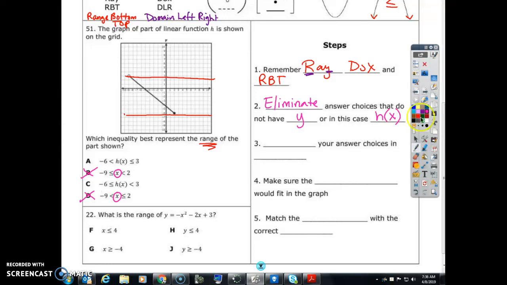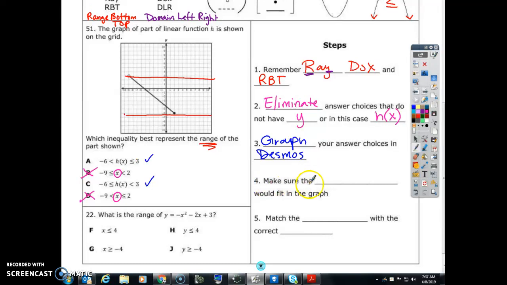Then you should have used those answer choices and graphed them. Graph your answer choices in Desmos to see which one covers this area. So all of this area, whichever one of these two covers it, that would have been the answer, right? But because they're both the same, right, they're both going from -6 to 3, then you needed to remember the endpoints.